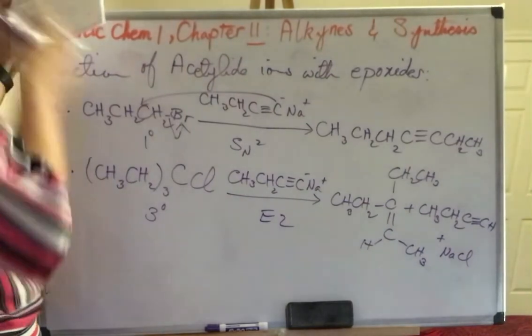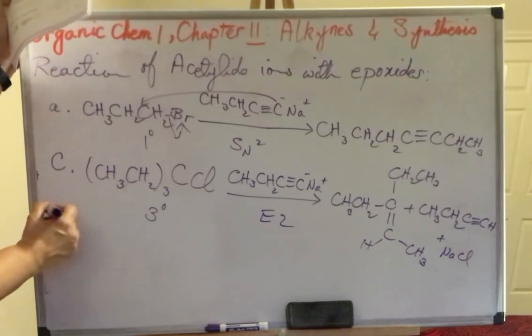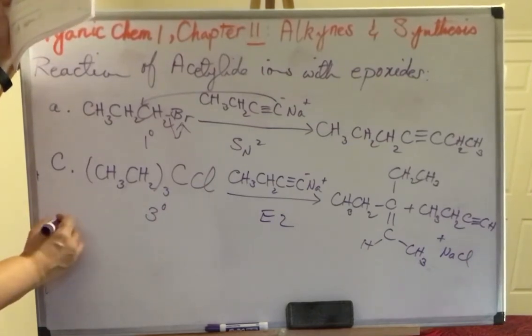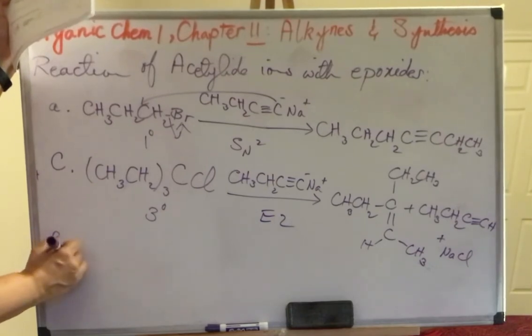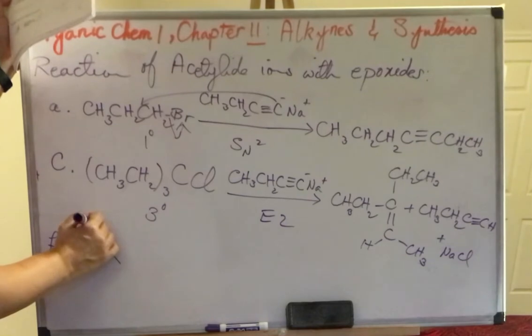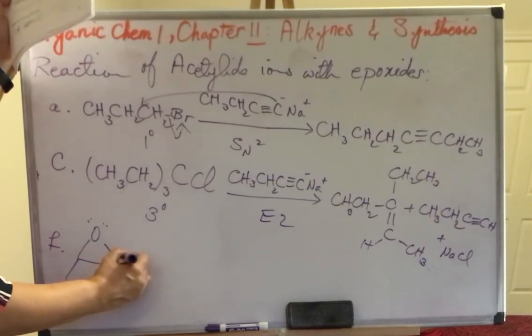If you work on any of these epoxides, let me work on the ethylene oxide. You can work on, or let's work on propene oxide. Propene oxide is different. So propene oxide is this, and it has a methyl group here.